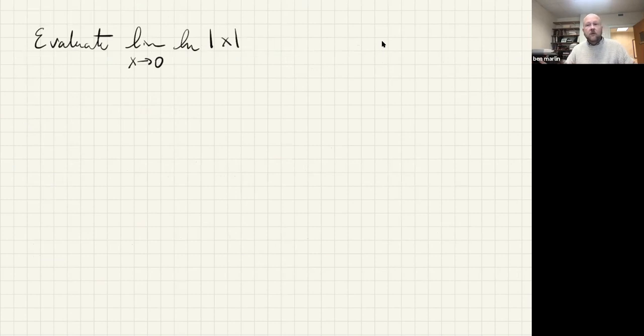So the first question we're going to look at is how to evaluate the limit of the logarithm of the absolute value of x. Now, you know what this is going to look like if x is positive. So I'm going to try to draw just a brief sketch of that.